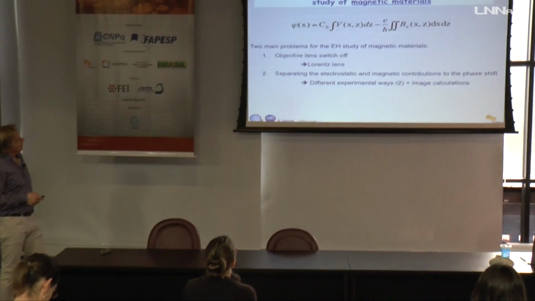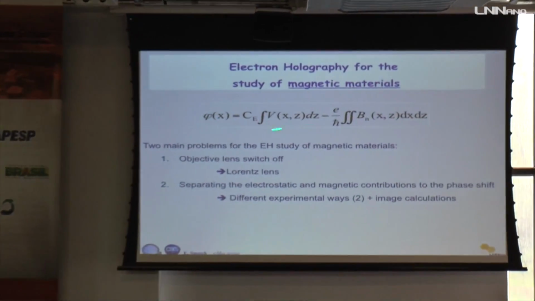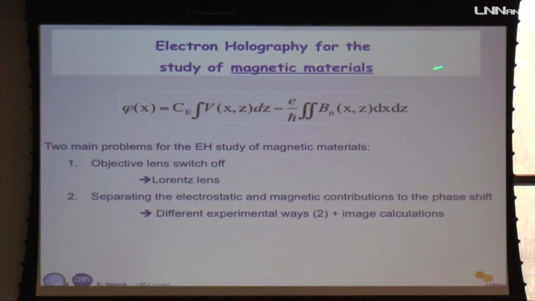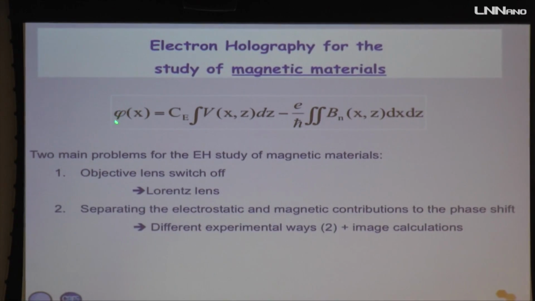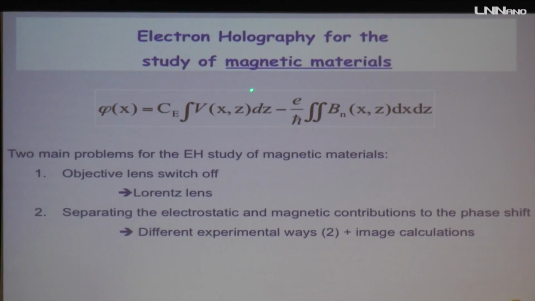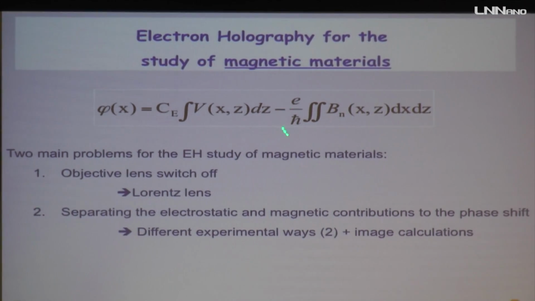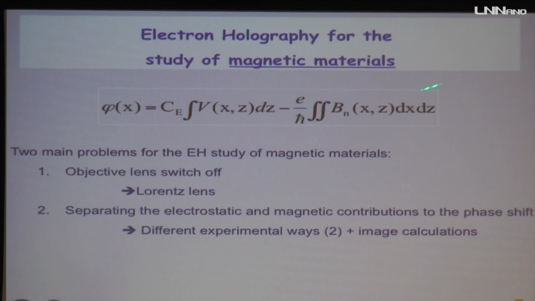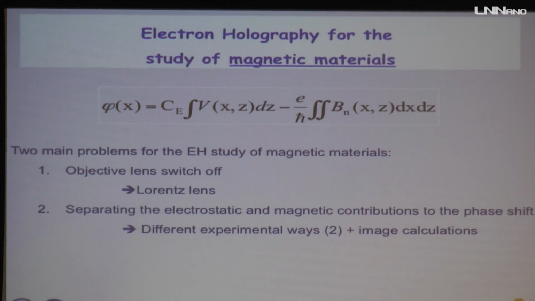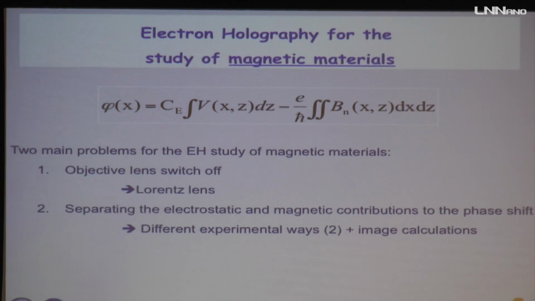So remember that I showed this Aharonov-Bohm equation, which links the phase shift of the electron beam with the electrostatic potential and the magnetic induction, and I told you that the electrons are sensitive only to the component of the magnetic induction which is perpendicular to the beam direction.